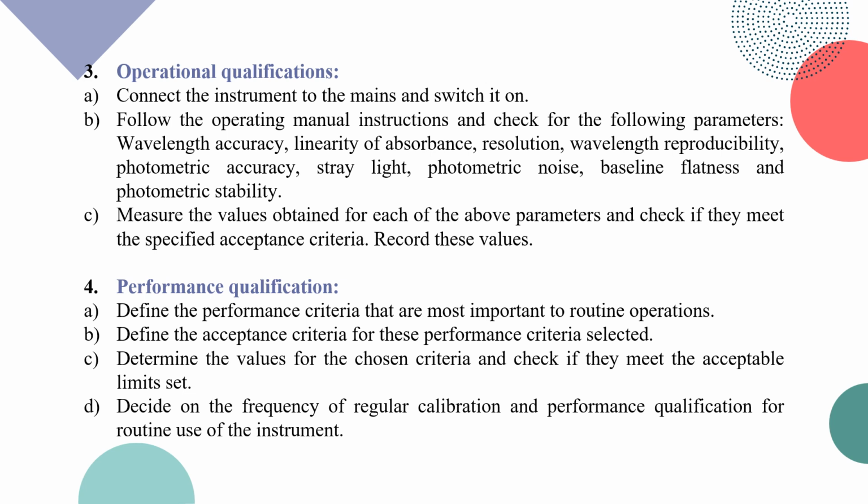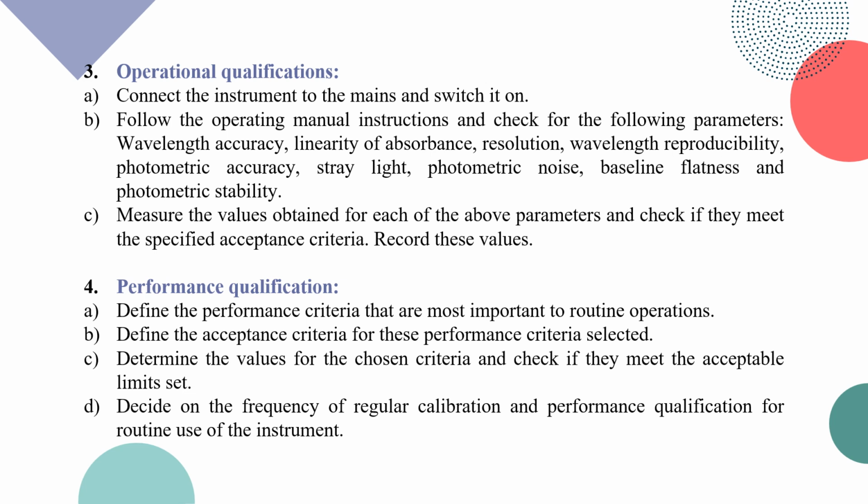The next is operational qualification. In this qualification, we need to check whether the equipment is working properly or not. For this purpose, we connect the instrument to the main switch and turn it on. Then we follow the instructions given by the manual attached to the equipment.